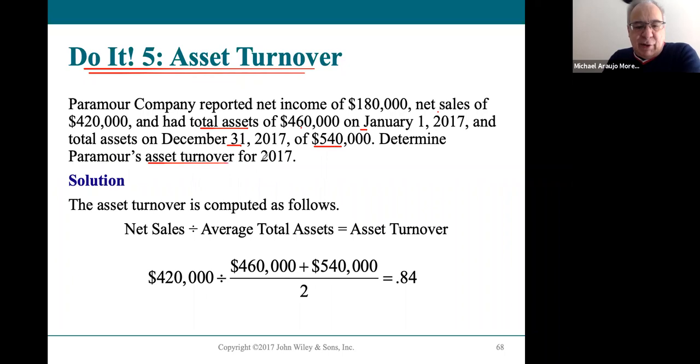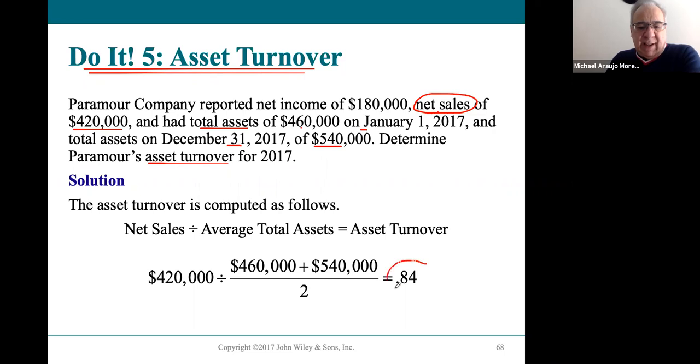So what was the asset turnover here? All right, so the asset turnover is the net sales. So we need the net sales amount, which was 420, divided by the average total assets. So your average, you have to take the 460 and the 540 together and divide them by 2.